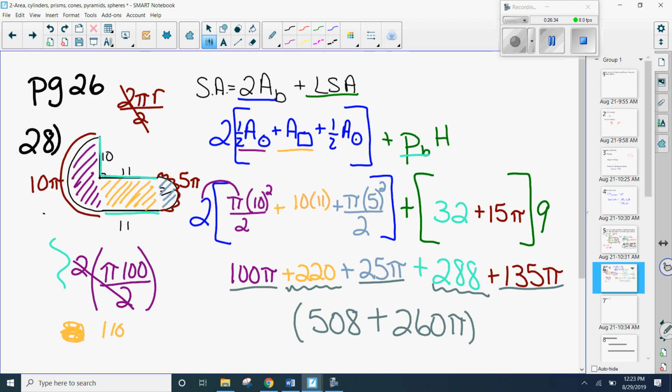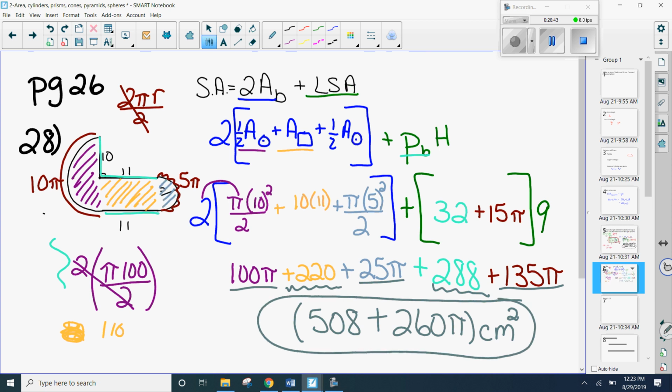Units, we're dealing with surface area, so it's square centimeters.